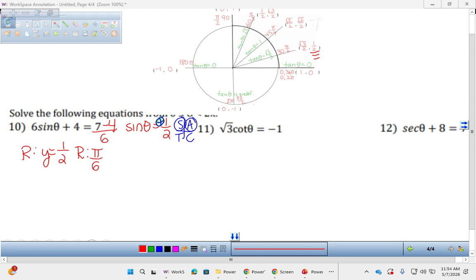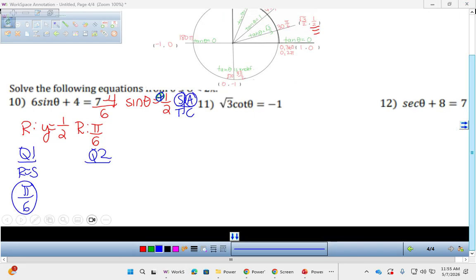I chose that my quadrants were going to be quadrants 1 and 2. In quadrant 1, the reference is the same as the standard. So if the reference is pi over 6, the standard is pi over 6. That's pretty straightforward. In quadrant 2, the two angles together create a half circle, which means they make an 180-degree angle. But in radians, 180 degrees is pi.